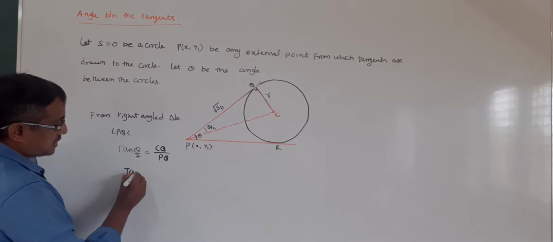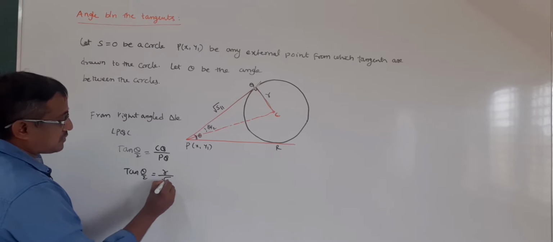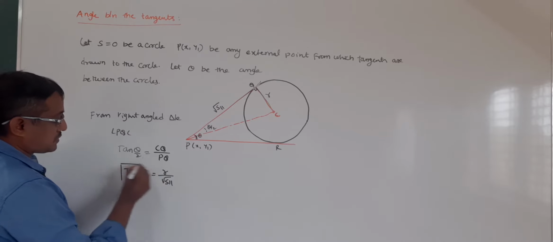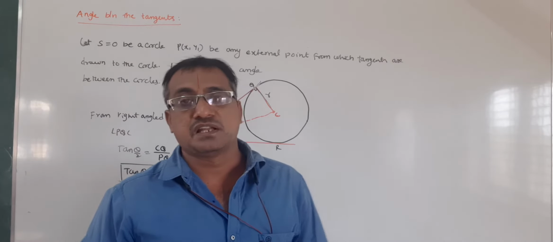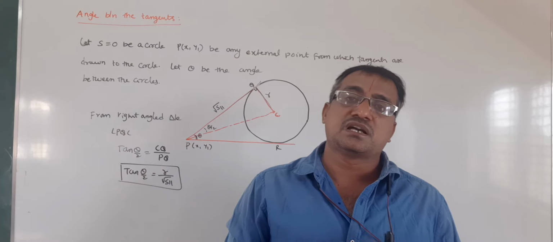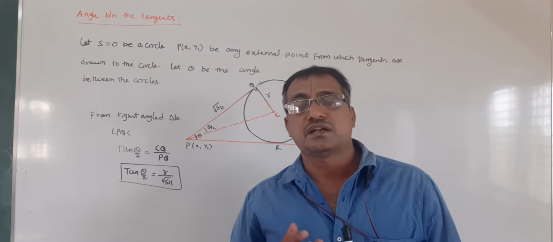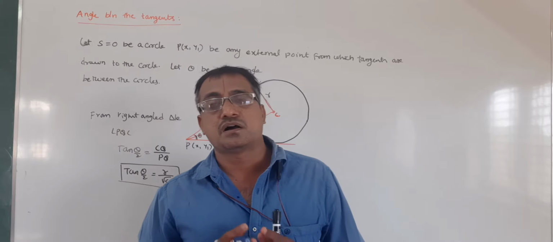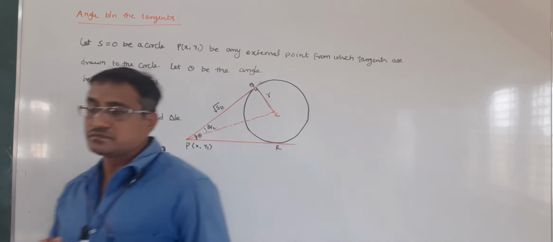So tan theta by 2 is equal to, where CQ is r, PQ is root S11. So this is the angle between the tangents. If theta is the angle between the tangents, then we have tan theta by 2 is equal to r by root S11. That is the concept.